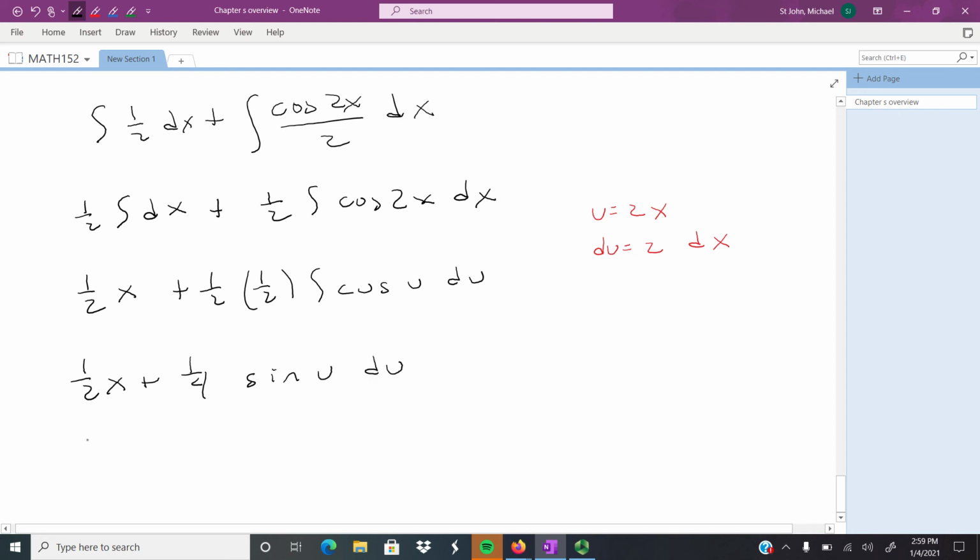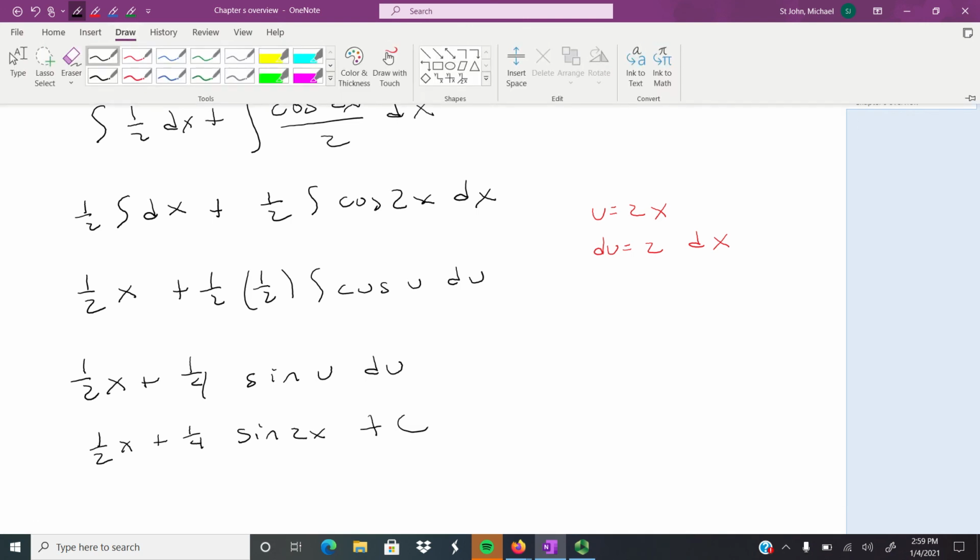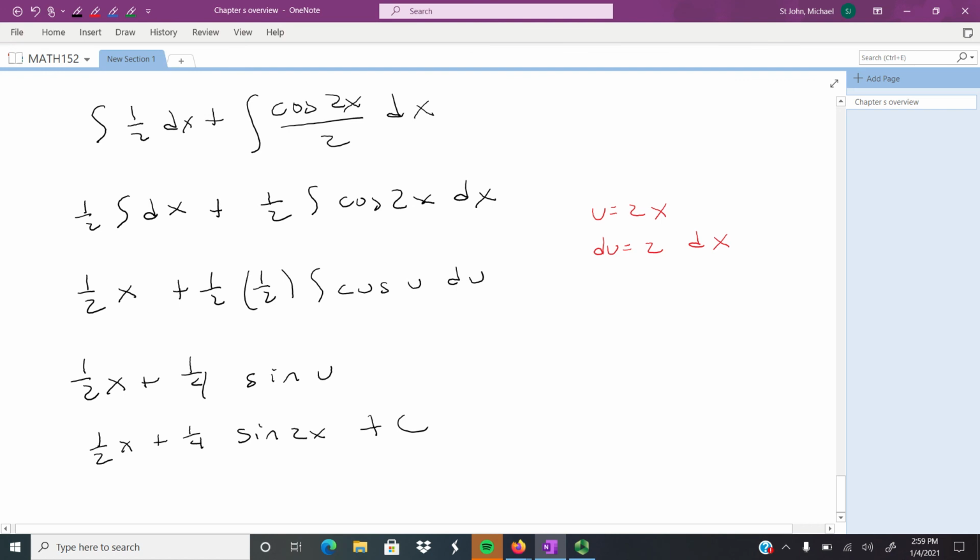Now we can substitute back, and then we'll have plus c. And that will conclude this brief overview of that chapter.